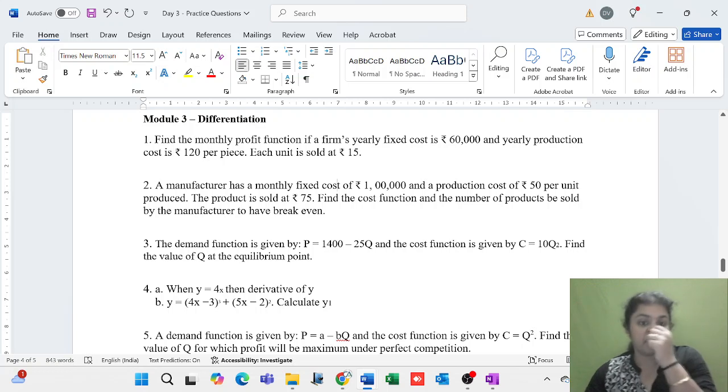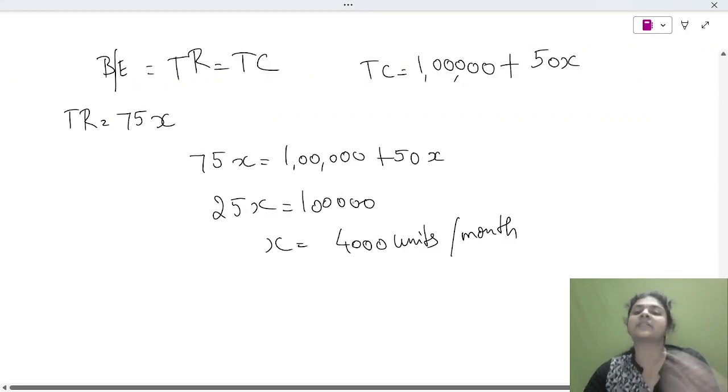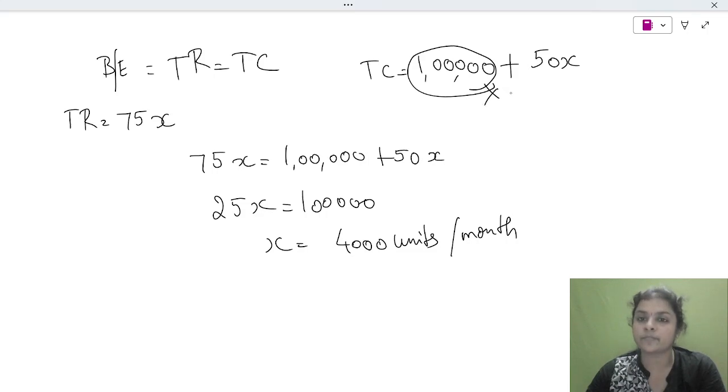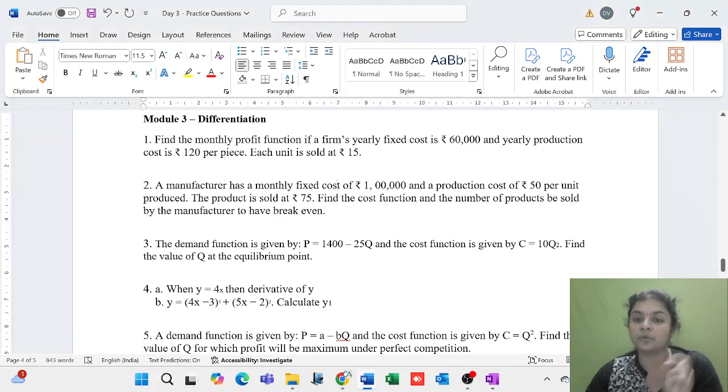Now if they are asking you per year, what will you do to the fixed cost, friends? You have to multiply by 12. But the variable cost we will not change, because the question doesn't give monthly or yearly for it, so no change.